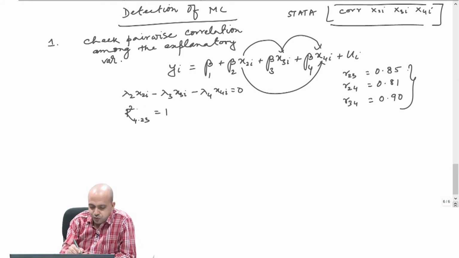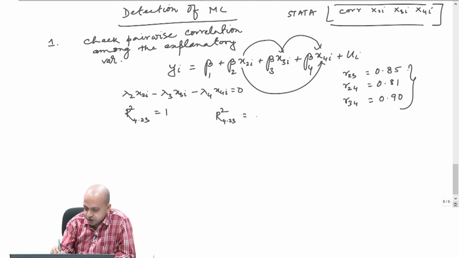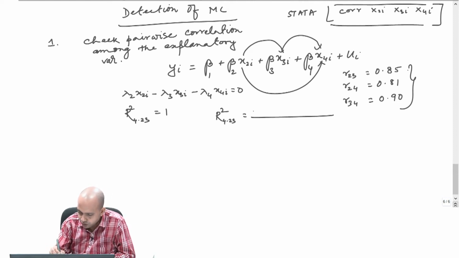But if you write this formula, what is R square 4.23 actually? R square 4.23 is basically r square 43 plus r square 42 minus 2 into r43 r42 r23, divided by 1 minus r square 23.